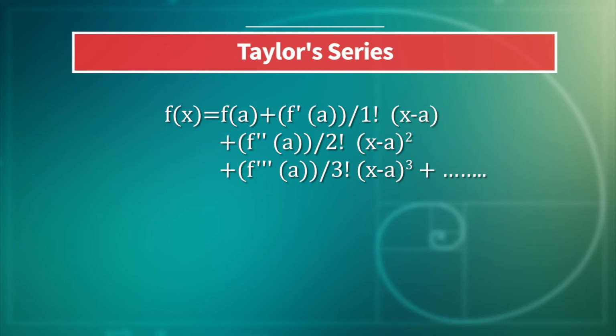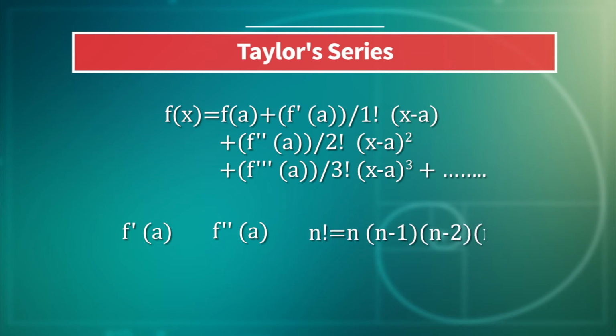To understand it in some more detail, let's see different notations used here. f dash a is nothing but the first order derivative of f of a. f double dash a is second derivative of the function f of a. The exclamation mark is representing the factorial. n factorial means n into n minus 1 into n minus 2 into n minus 3 and so on.